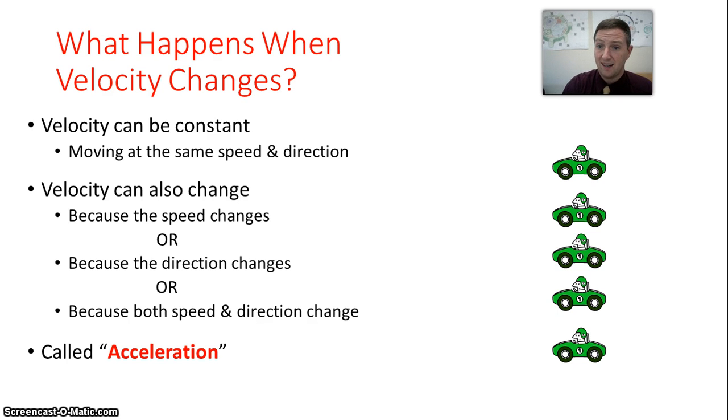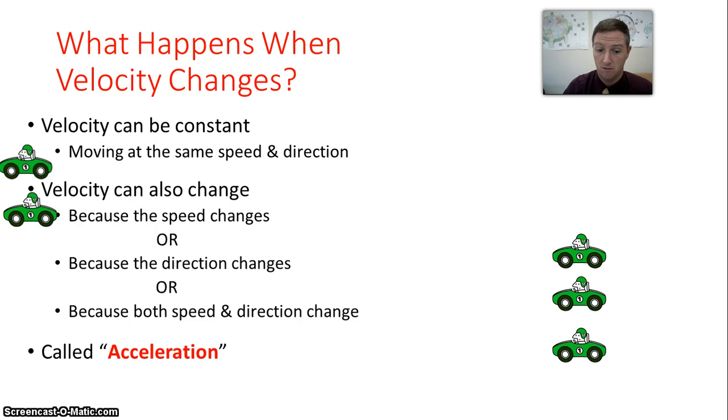So when I've got constant velocity, my car goes at the same rate over time. Okay? If I change my velocity, I can go faster or I can go slower. And that would be a change in velocity or an acceleration. Now, if I'm going faster, that's going to be a positive acceleration.